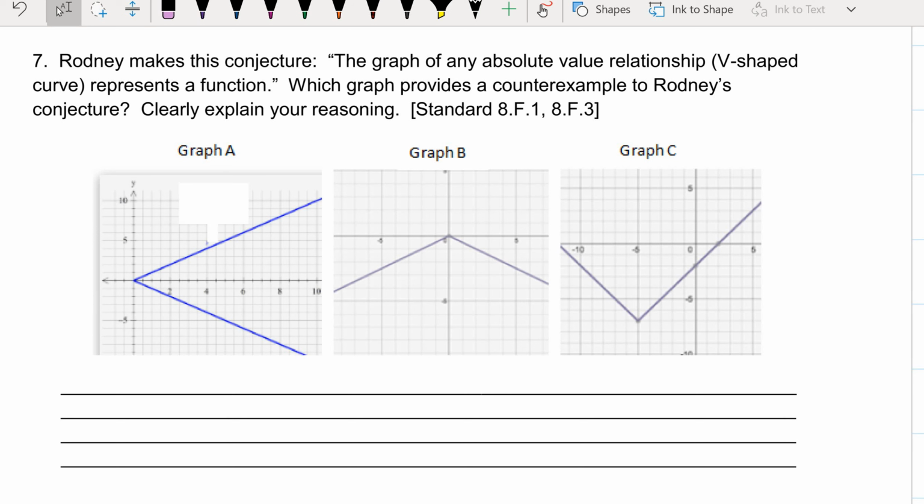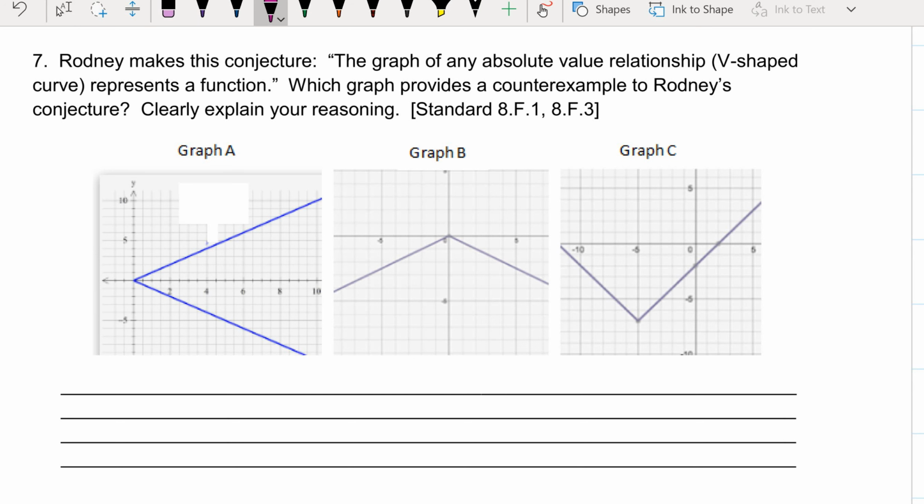Okay, so we know that a function is a relationship where every input has exactly one output, which means every x value has only one corresponding y value.